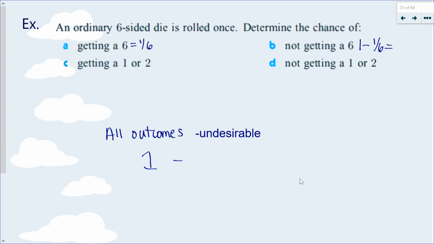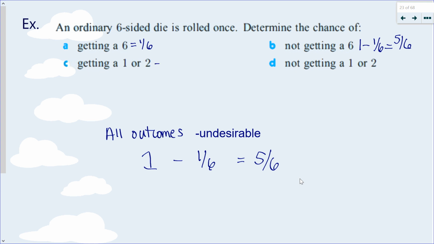And so undesirable, getting a 6, is 1/6. So that's going to be 5/6. So the probability of not getting a 6 is 5/6. And that's going to be easier than saying, oh, how many desirables are there? So 1, 2, 3, 4, 5, we can just do the complement. So that's called using the complement.